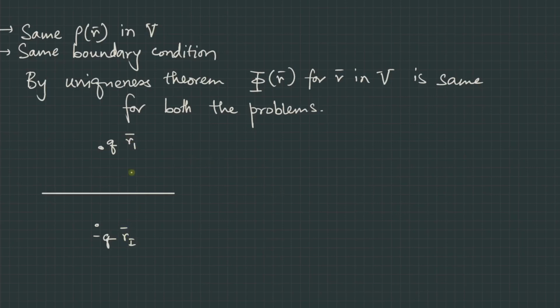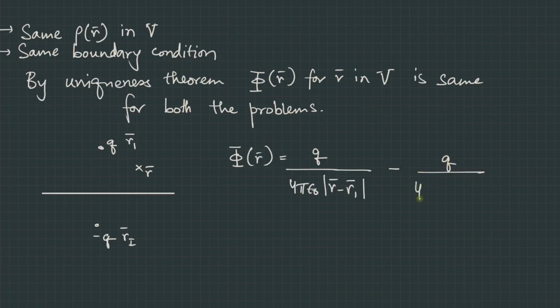So the potential at any point is simply given by, this arbitrary point is R, so phi of R is q by 4 pi epsilon naught, and we have a distance function R minus R1, and here is a minus sign. This is simply the potential due to a point charge at R minus Ri.